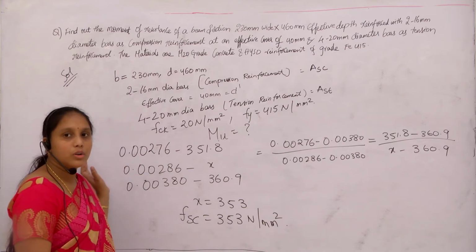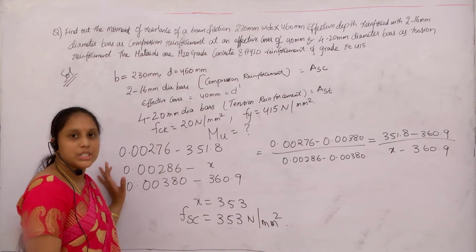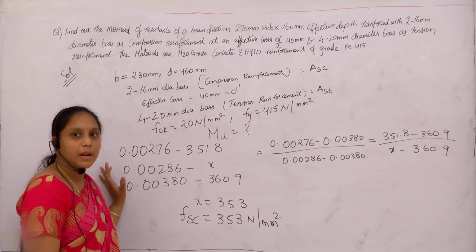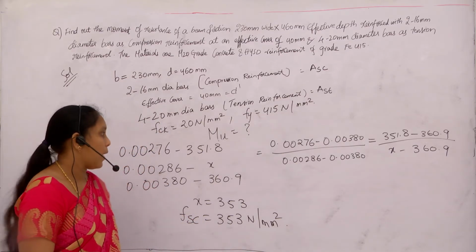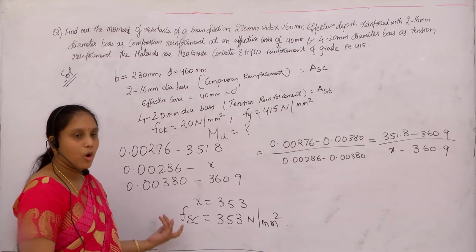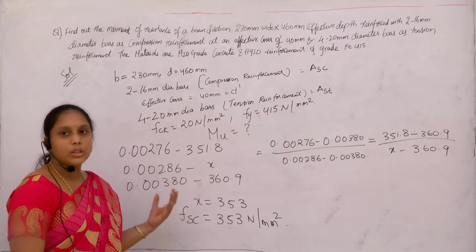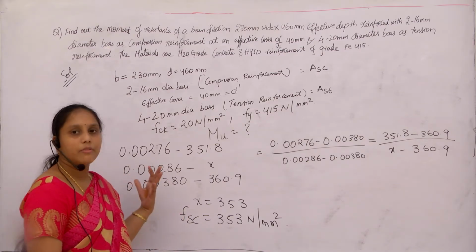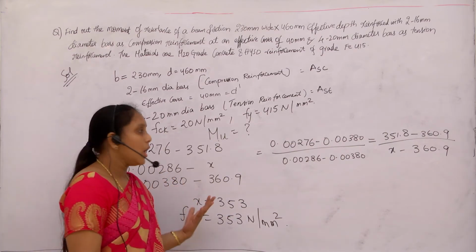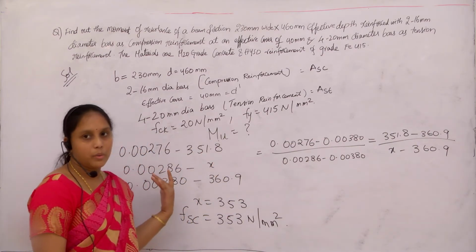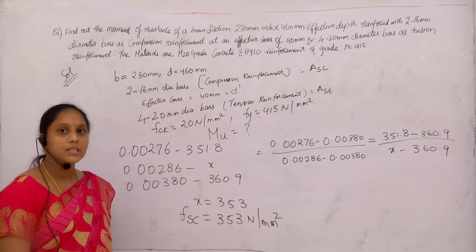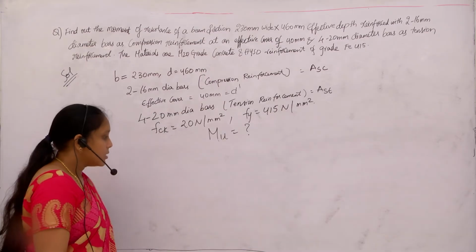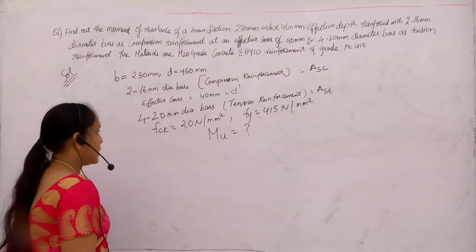Based on that value, you have a table given in SP16 table F. From that also you can calculate the fsc value. Now we have got the fsc value, so we know the fcc value also. What we have to do is substitute all the values in the above equation that we saw previously to find the neutral axis depth.